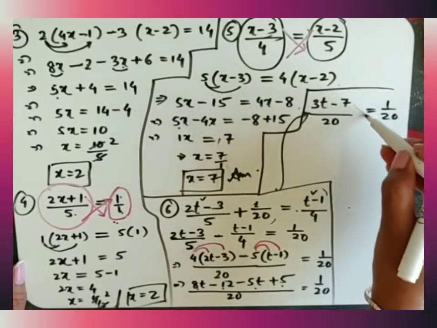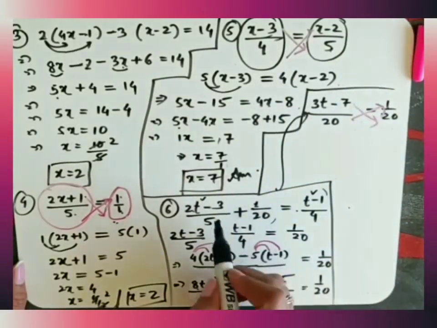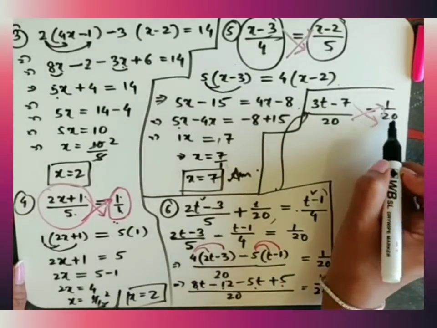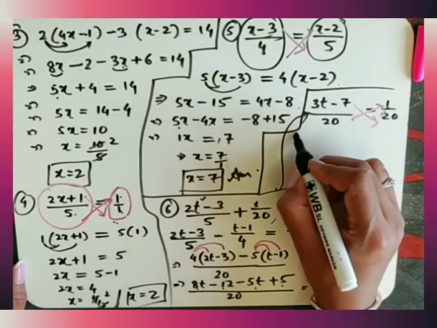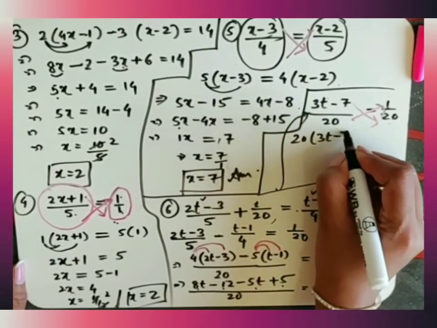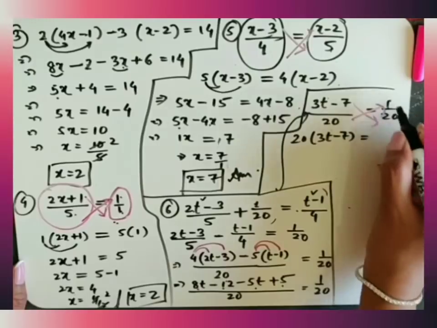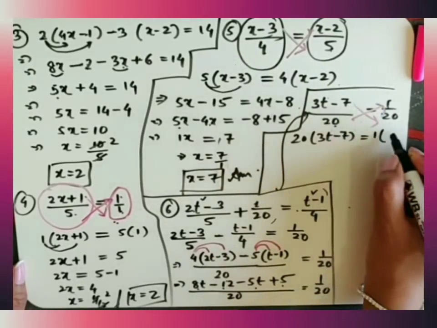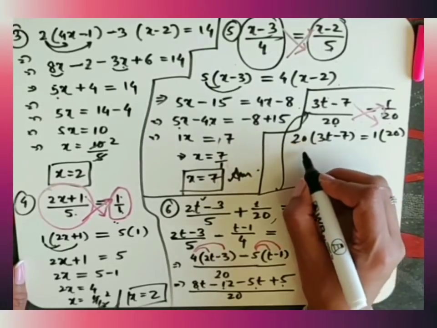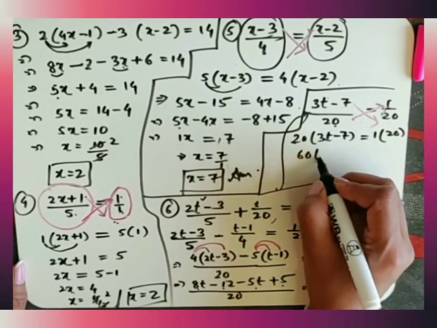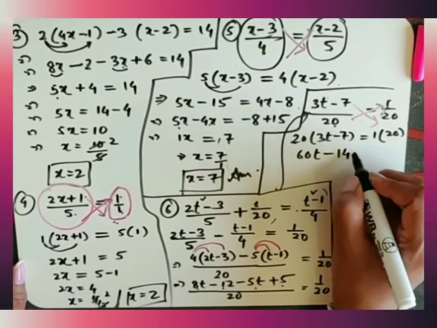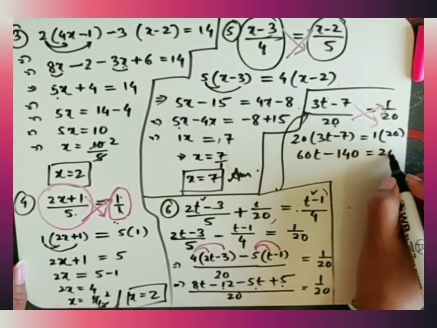Now we can cross multiply. Before, we couldn't cross multiply because we had two fractions. We made it one fraction. Now this 20 will multiply here. So 20 multiplied by 3t minus 7 equals 1 multiplied by this 20. Open the bracket and multiply. 20 multiplied by 3t is 60t, and minus 20 multiplied by 7 is 140, equal to 20.